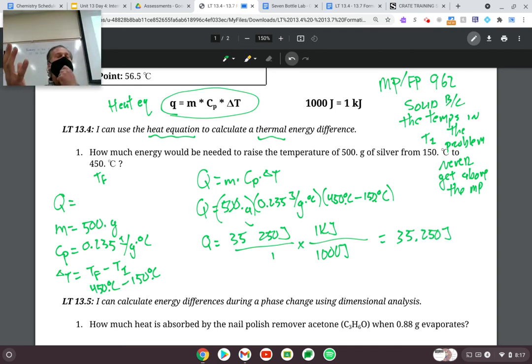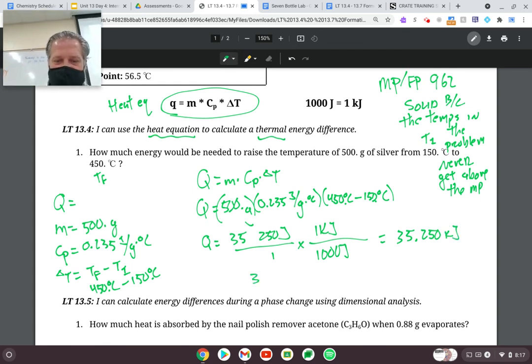Now, sig figs is something we're going to be assessing on this particular quiz. Looking back at the problem, my mass is in 3 sig figs, my CP happens to be in 3 sig figs, and both of my temperatures are in 3 sig figs. So if I wanted to leave this as joules, which you could have done, you'd have to write it either as 35,300 joules or 3.53 times 10 to the 4th joules.